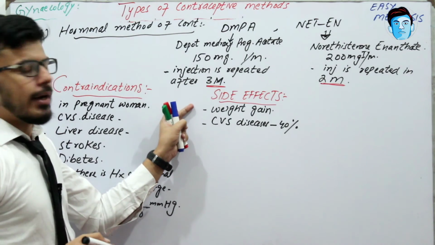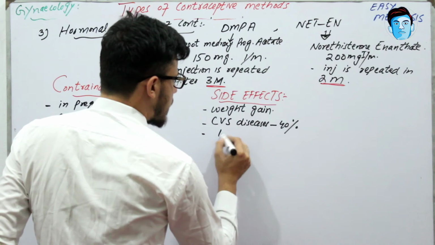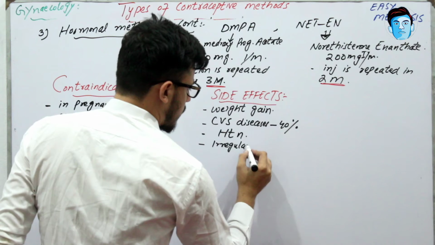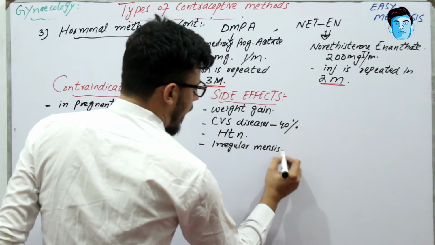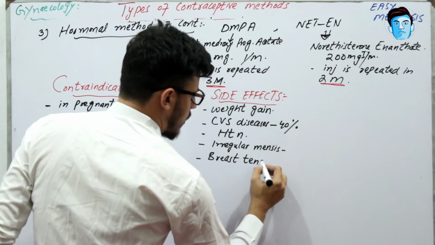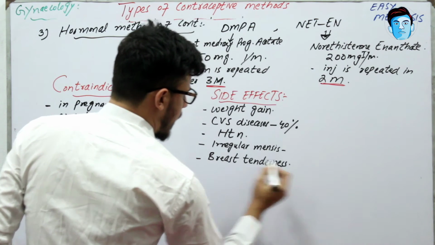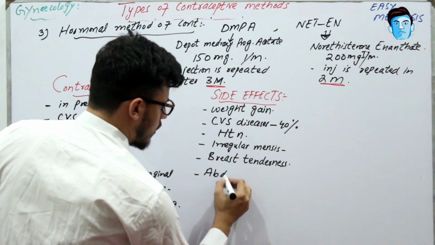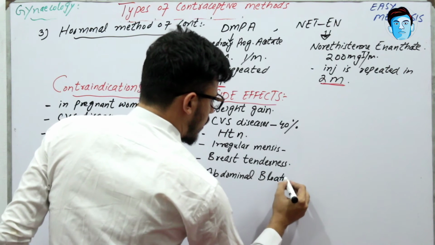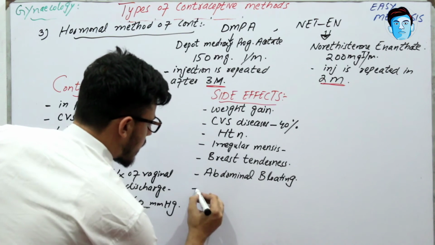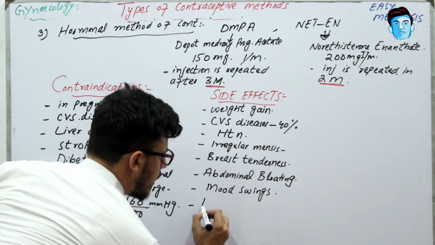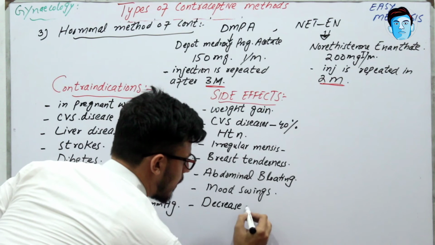So there is weight gain, cardiovascular diseases, hypertension, irregular menstruation, breast tenderness, abdominal bloating, mood swings, and decreased milk production.